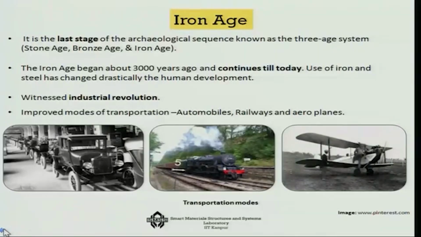People tried to replace the railway coaches with aluminum-based coaches, but they really did not get success so far. And then of course, other things like aircraft, etc. But in aircraft, iron is more in the form of alloys, partly because of its heavy weight. So, that is how the Iron Age has advanced from 3000 years ago till today.